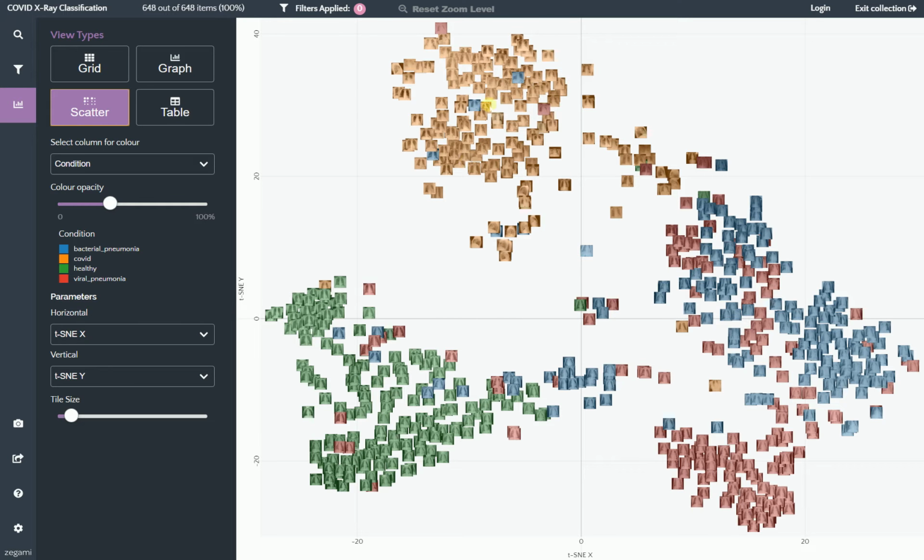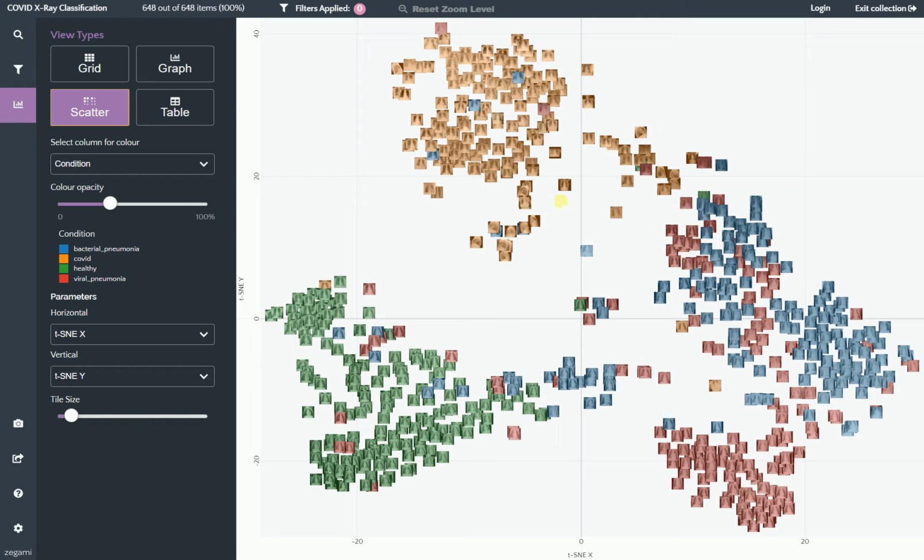You can see here these cluster nicely into different groups: up here with the yellow you've got the COVID group, here you've got a mixture of bacterial and viral pneumonia in the blue and red, and in the bottom corner you've got the green, which is healthy.